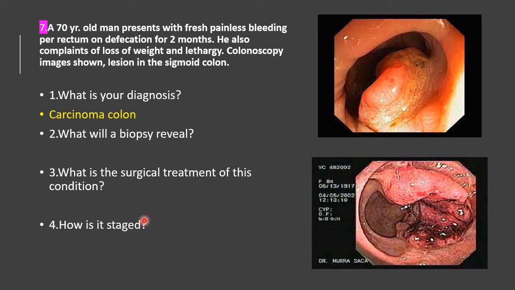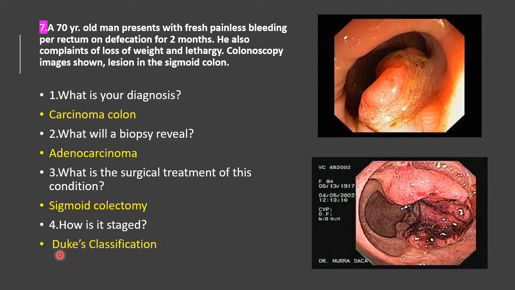What histological features will the biopsy reveal? Adenocarcinoma, which accounts for more than 90% of colonic cancers. What is the surgical treatment of this condition? Sigmoid colectomy. How is the disease staged? It is staged by using the Dukes classification, Dukes A to D.